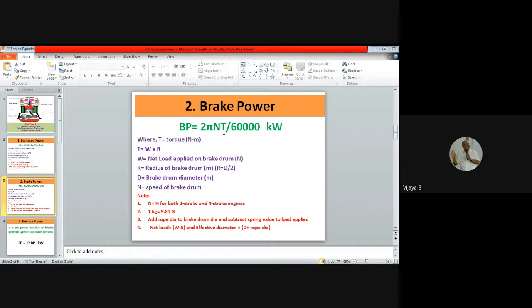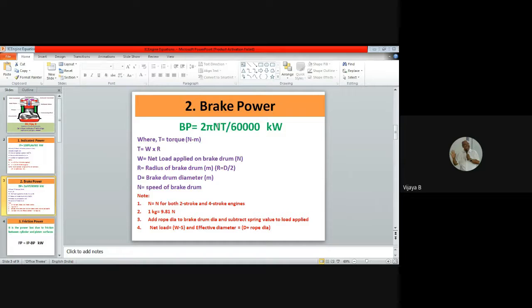It is given by the equation BP equals 2 pi n T divided by 60,000 kilowatts. 2 pi is the circumference factor of the brake drum, n is the speed in RPM, and T is the torque applied onto the brake drum, where torque is W into R. W means the net load applied onto the brake drum. R is the radius of the brake drum.